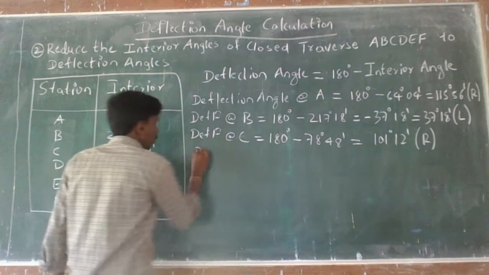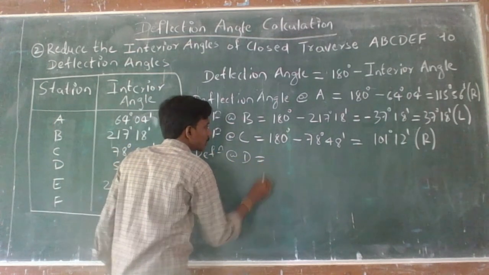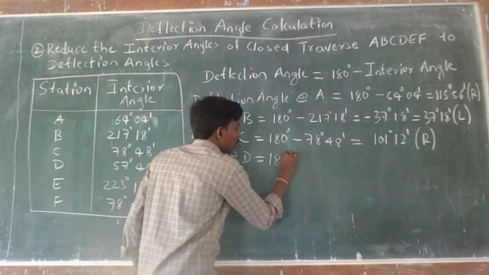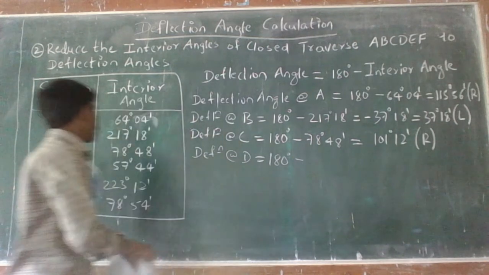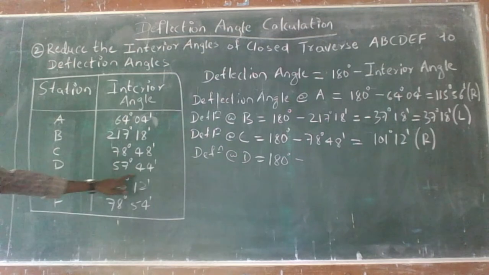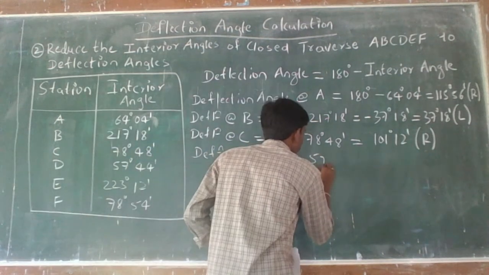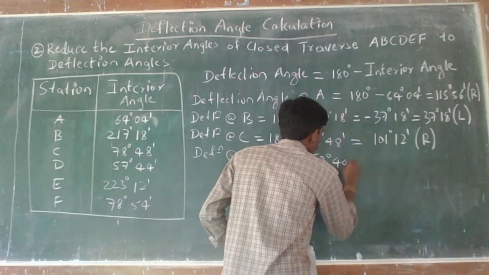Now deflection angle at D, that is equal to 180 degrees minus the interior angle of station D, which is 57 degrees 44 minutes.